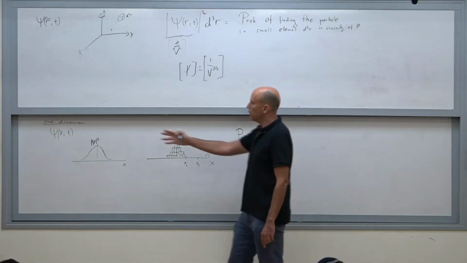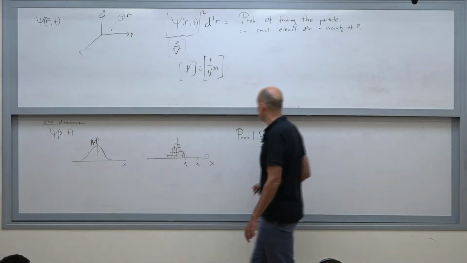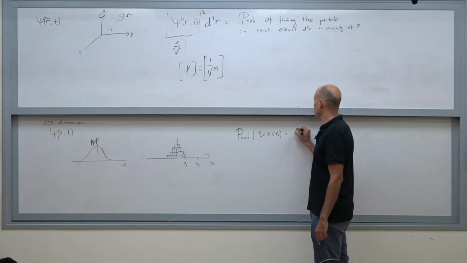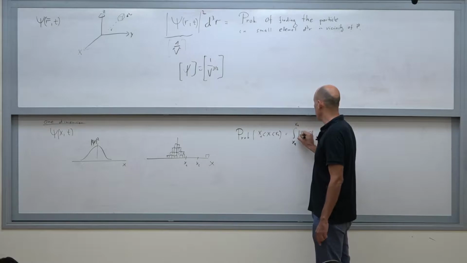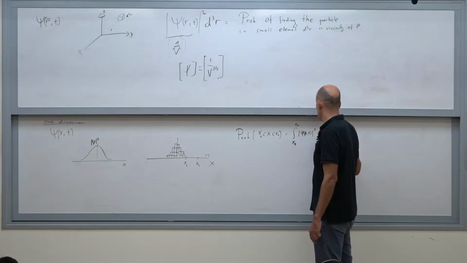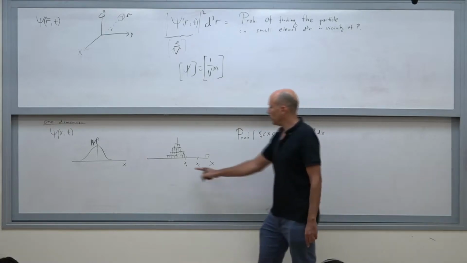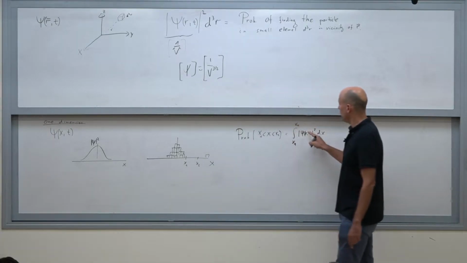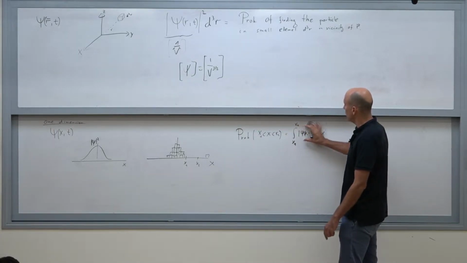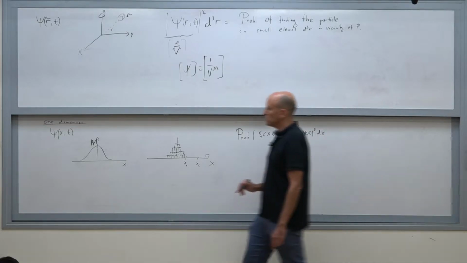Well, if this is a probability density, what do I need to do? This is simply given by the integral from x1 to x2 of the absolute value of psi(x,t) squared dx. So I need to take the lower limit, the upper limit, and I need to integrate because this is a probability density. When I integrate, that is more or less the area.